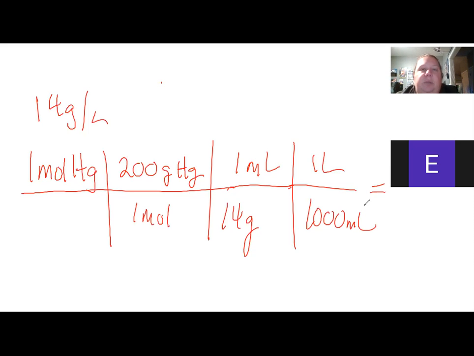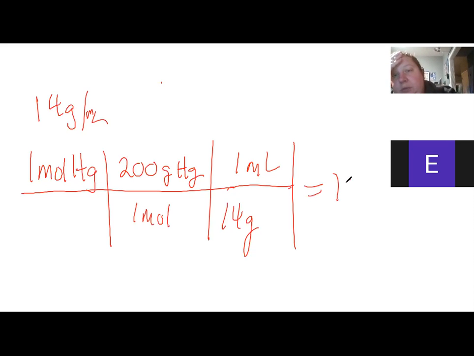Oh, because the choices are in milliliters. Okay, so I'm fine. I wasn't totally crazy. So we don't need any of that mess. It's just per milliliter instead of per liter. So we'd still be fine. It'd still be 14-ish.